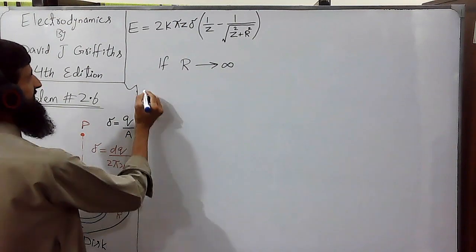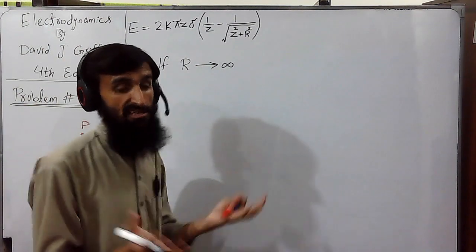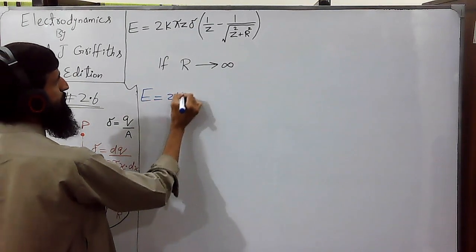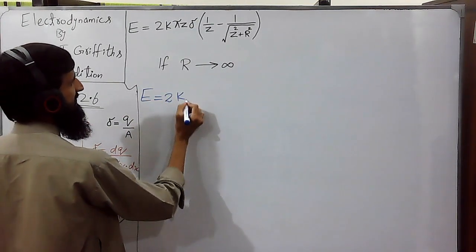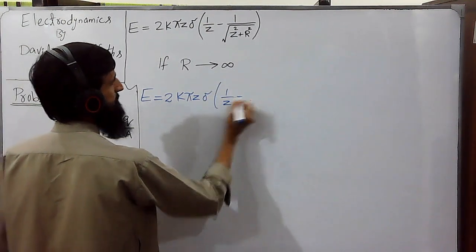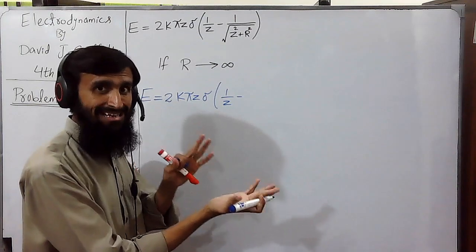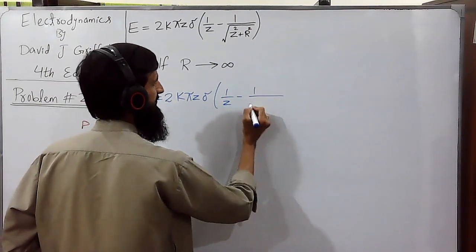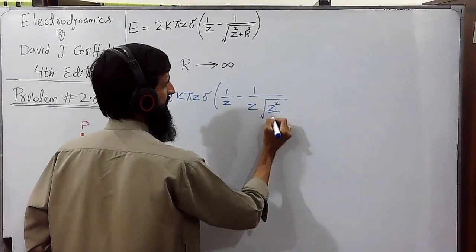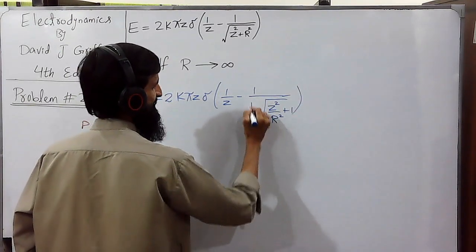Now the electric field in this special case, when R approaches infinity, that means if the size of our disk becomes infinite, will be 2k pi z sigma times 1 by z minus, and then by taking r square common from inside and bringing it outside the square root, it becomes 1 by z and square root of z square by r square plus 1. Sorry, that was r, not z.